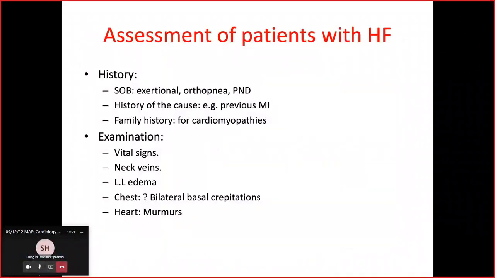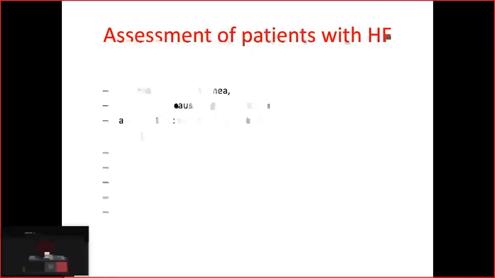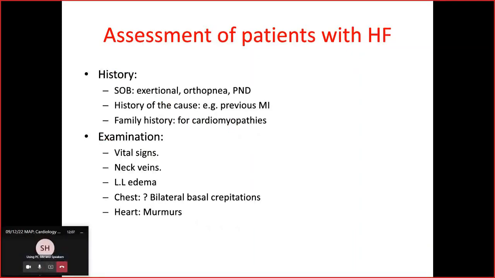Coming to assessment of a patient with heart failure, what are we looking for in any patient suspected to have heart failure? In the history, we should ask about shortness of breath, whether it's related to exertion, and how far the patient can walk. This is very important for classification, severity of the disease, and to confirm the diagnosis, because as we will mention in a few seconds, it's mainly a clinical diagnosis.